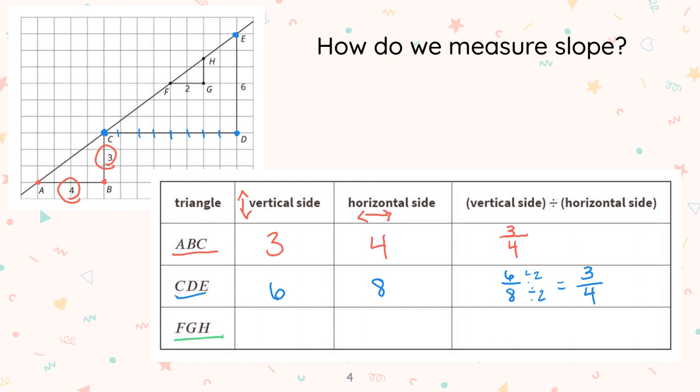Now let's look at FGH. I'm not given my vertical side length, but it looks like it's about 1.5, though I can't really tell. But my horizontal side is 2. The slope of a line is going to be the same regardless of the points that we choose. So if my horizontal side is 2, what would my vertical side need to be to correspond with 3/4?